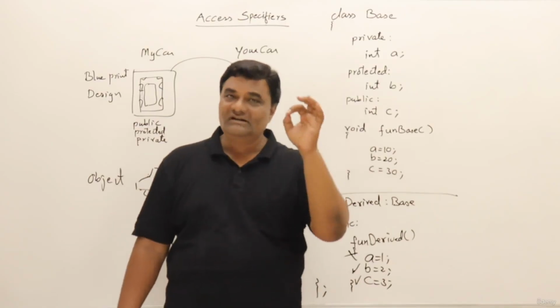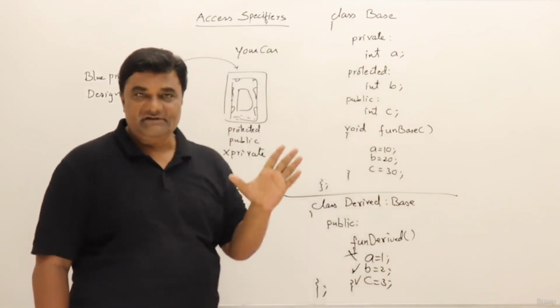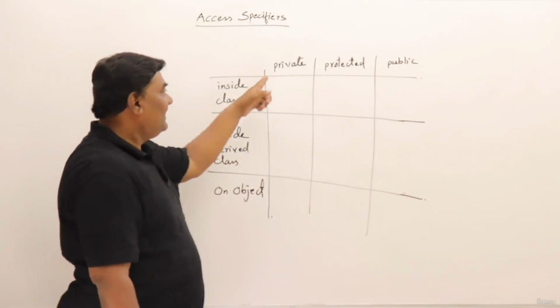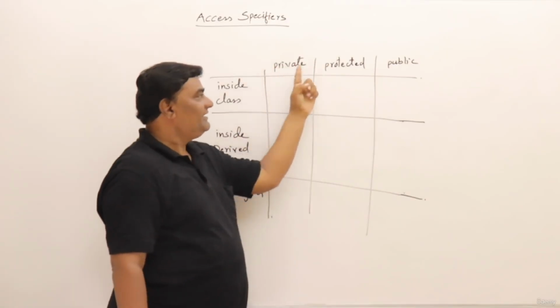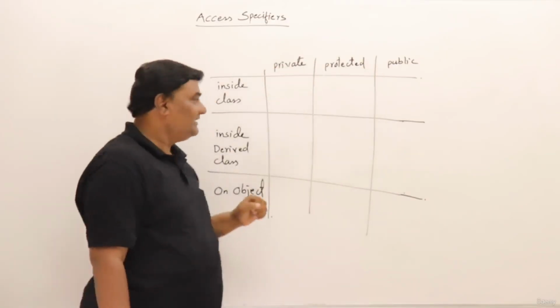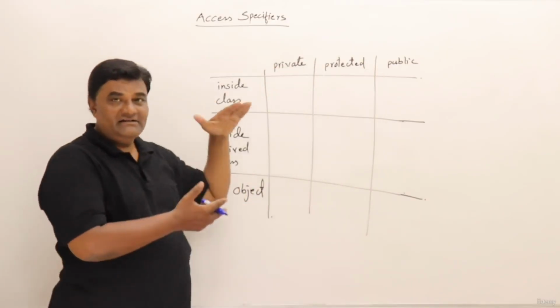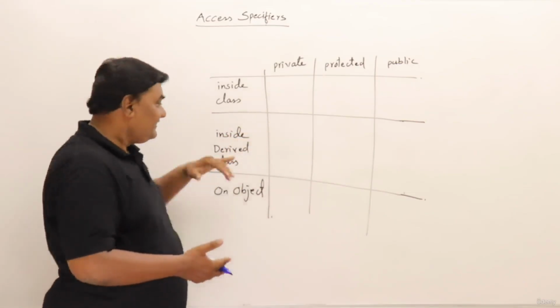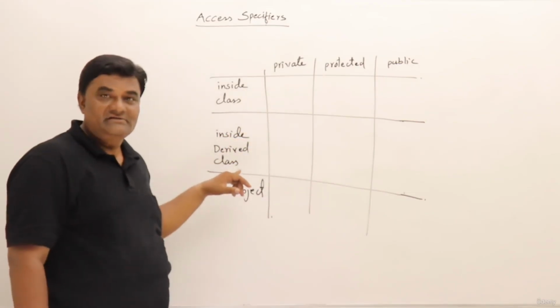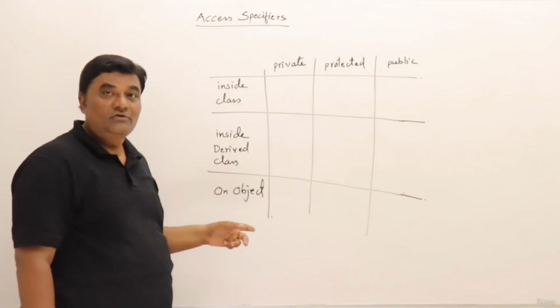Now quickly I will show one table. From that we can understand everything. Let us look at a table. I have the access specifiers here: private, protected, and public. Then inside the class, inside the derived class, and upon an object.